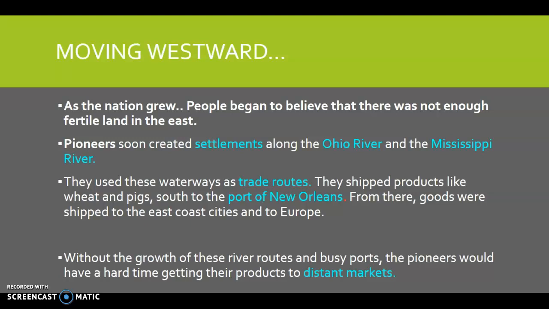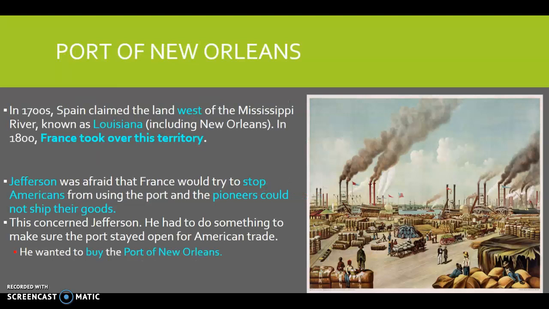And so to be able to use those rivers to transport goods to major waterways, the Gulf of Mexico, and then through the Gulf to the Atlantic Ocean, will really cut down on shipping costs and shipping time, and it's essential to be able to control that river, and especially the port of New Orleans, where those products come in and go out. So, the port of New Orleans: in 1700, Spain claimed the land west of the Mississippi River, known as Louisiana, including New Orleans.